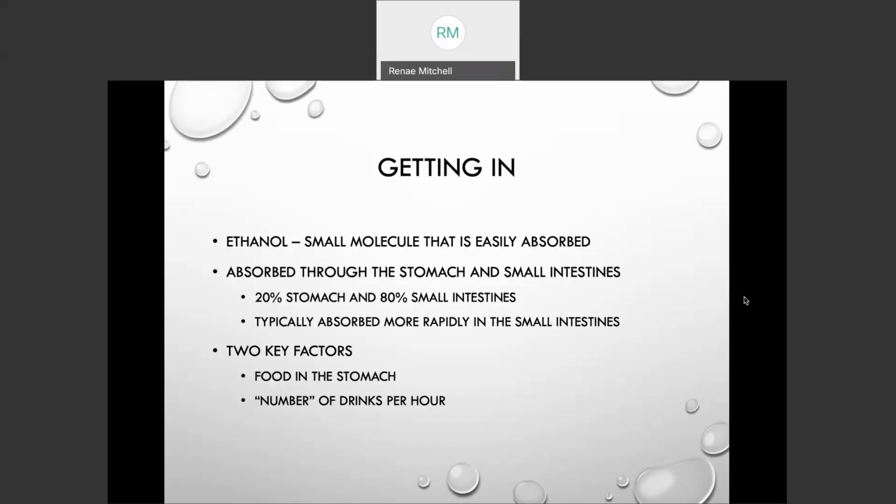This is called a latency. So if someone were to take several shots in a row, they might walk away from that experience looking normal. But then after maybe 30 minutes, 45 minutes or so, boom, they get hit with a major intoxicating effect of drinking that much alcohol. And that comes from this latency and the way the alcohol is absorbed.